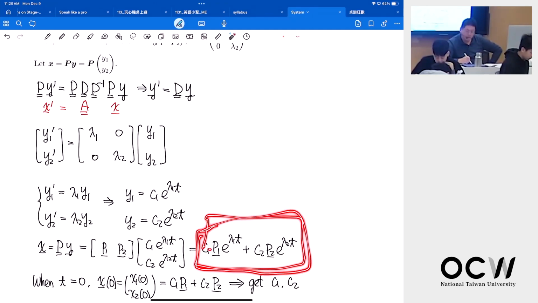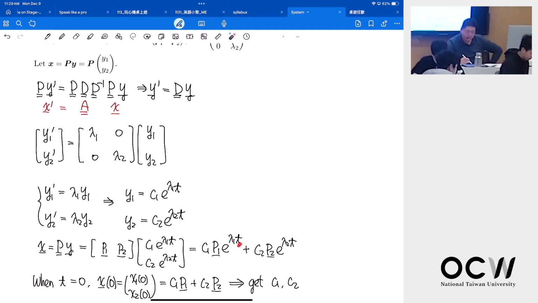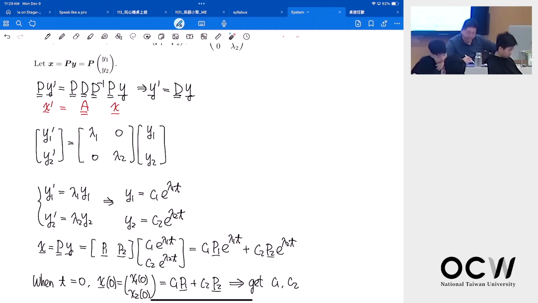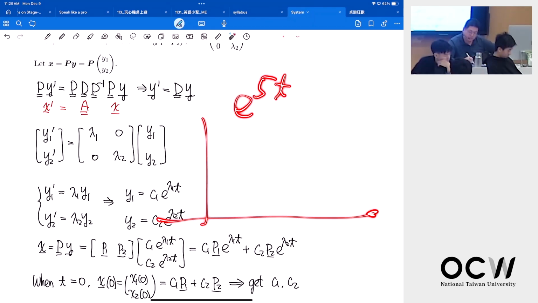From t equals 0 to t equals infinity, what is the shape or trajectory of this x? It really depends on lambda 1 and lambda 2, right? E to the 5t, how do you plot this? Going up.